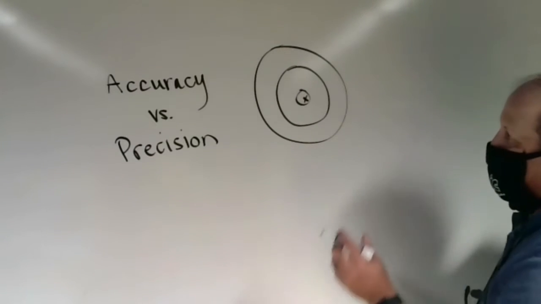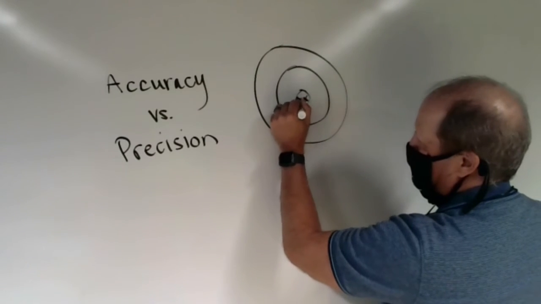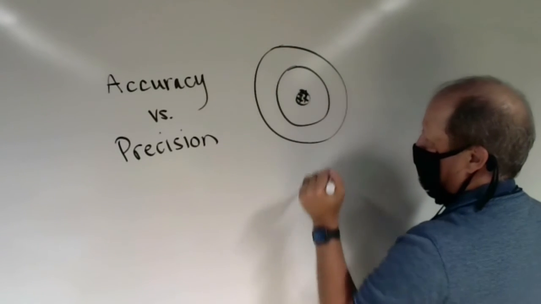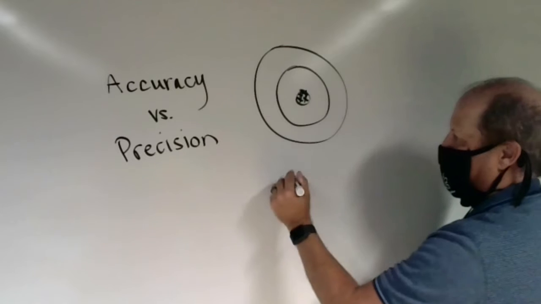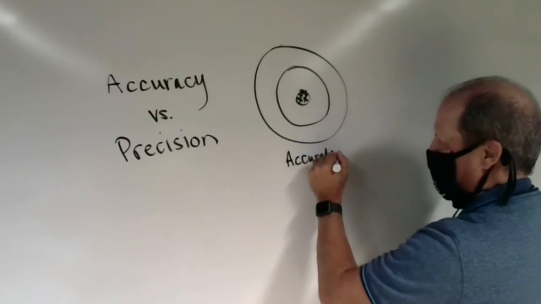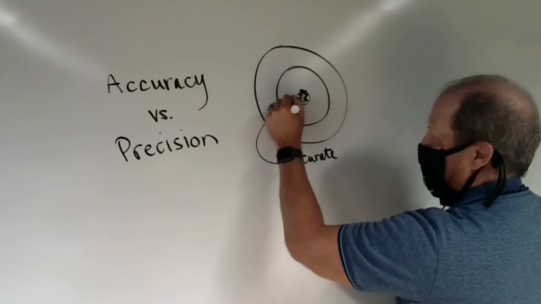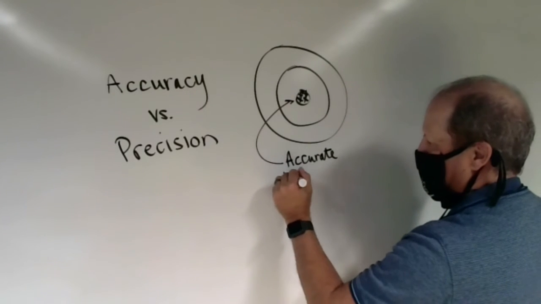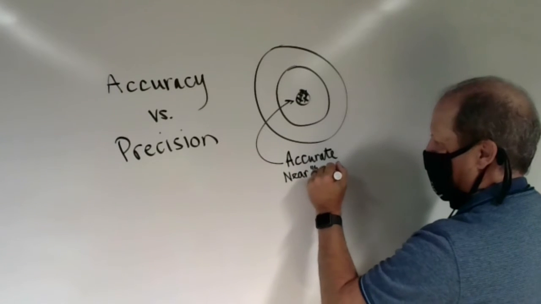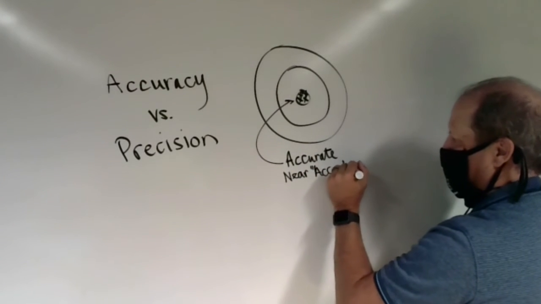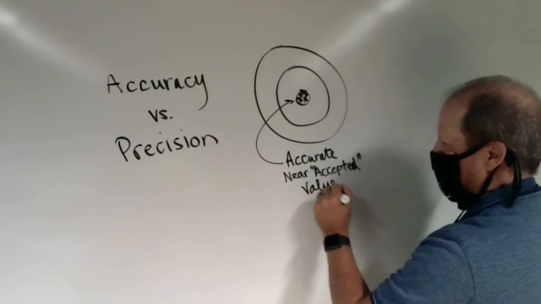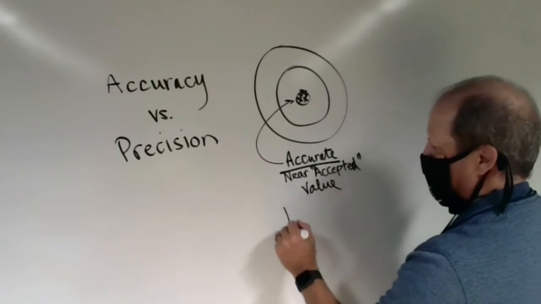Okay? So what if we landed 4 or 5 different results in there? This is accurate because it's in the middle, it's near the accepted value, and it's precise.